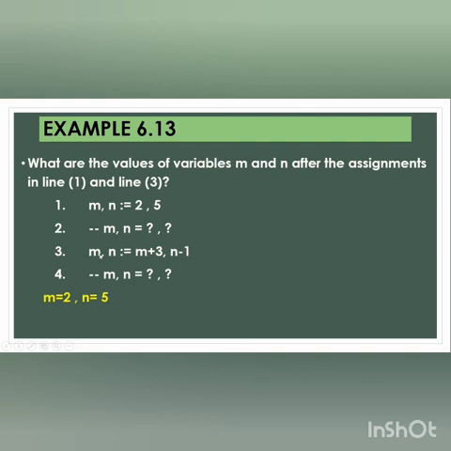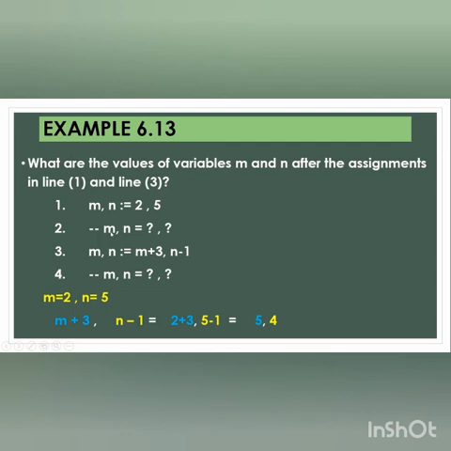Okay, now we are going to see the third line. m comma n colon is equal to m plus 3 comma n minus 1. This is an expression. In the first line, what is the value of m and n? The value of m is 2 and the value of n is 5. So, we have to substitute here. m plus 3. What is the value of m? 2. So, 2 plus 3 is 5, comma, n minus 1. The value of n is 5. So, 5 minus 1 is 4.